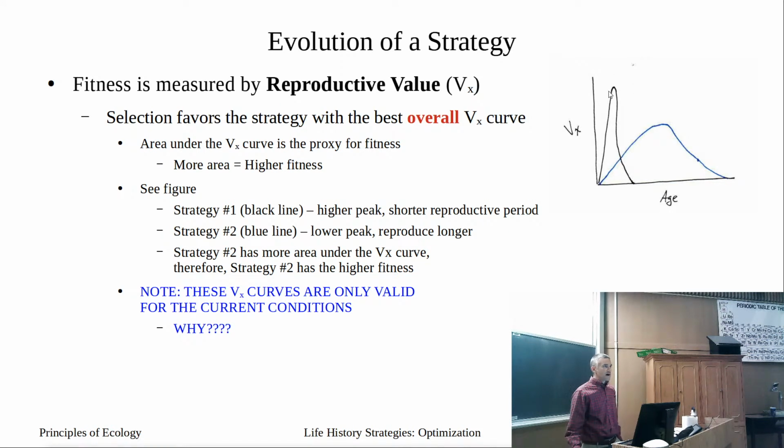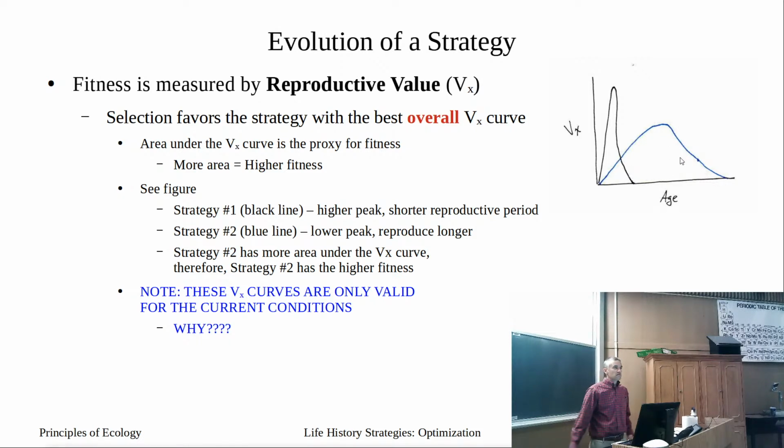Some of you might say the higher peak, but remember, that's not what we judge. We're not looking at the overall peak. We're looking at the overall area under the curve. And I can see that this area under the curve looks to be a lot less than the area underneath this blue line.